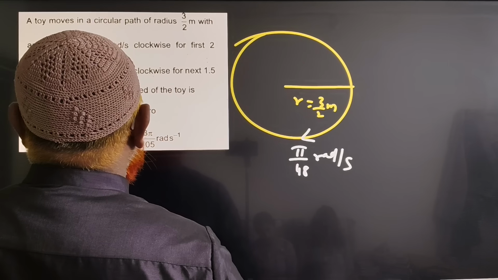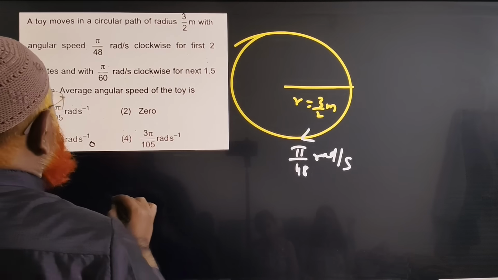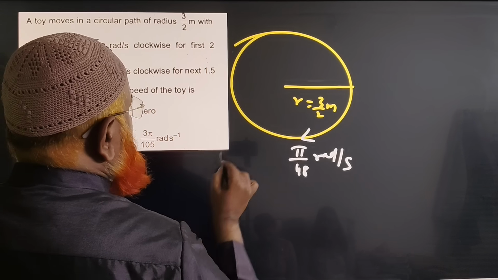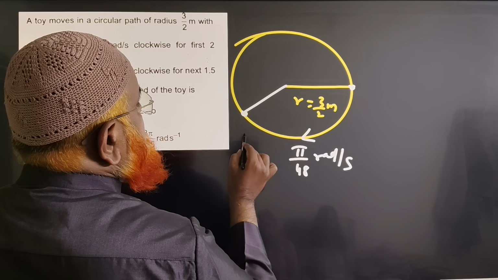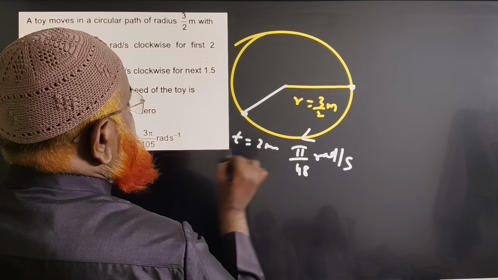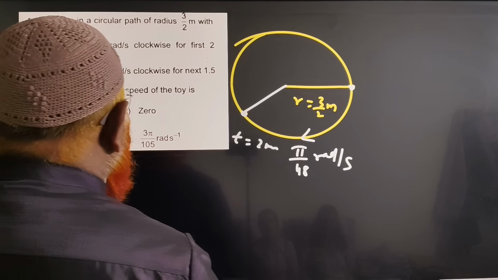The toy moves in a clockwise circular path in the first two minutes. If it is here, it has reached here. Let us imagine, and time is taken as 2 minutes. Now what is happening?